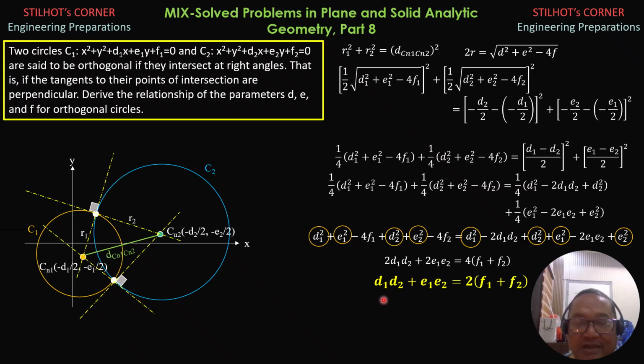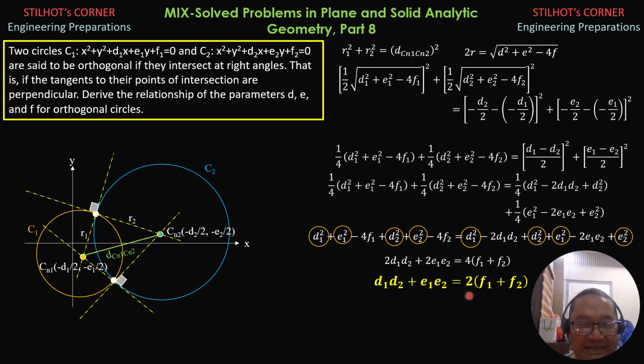So that you can easily remember this, we remember this by the statement that the sum of the product of the coefficients of x and y is equal to twice the sum of the constants of the circle.